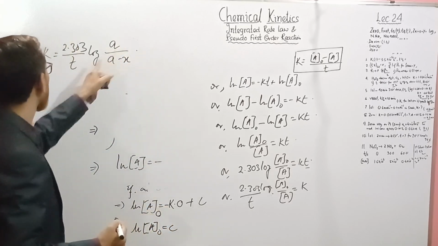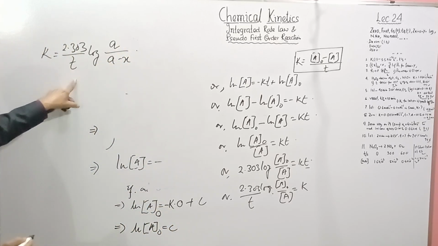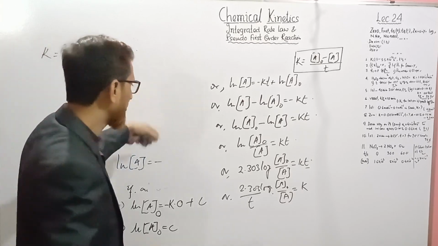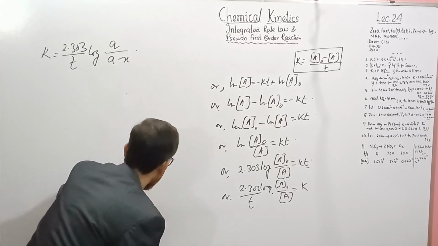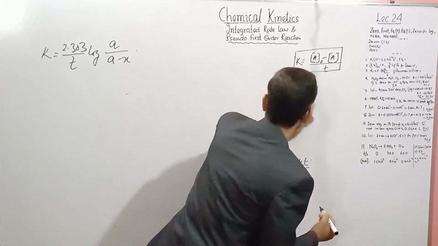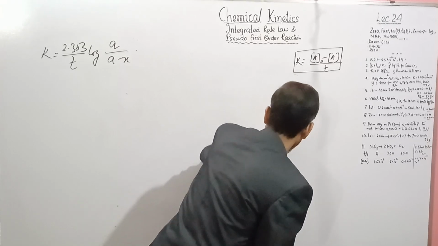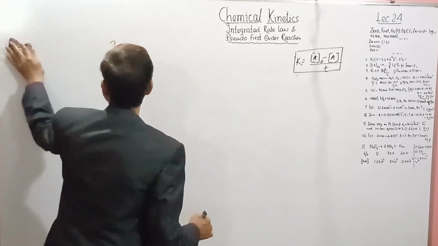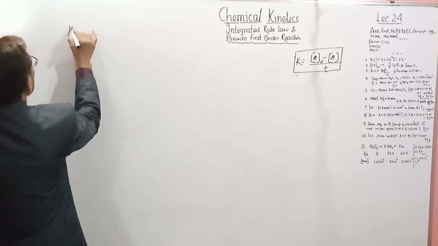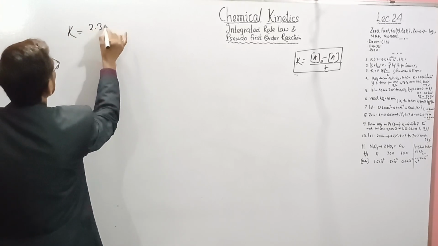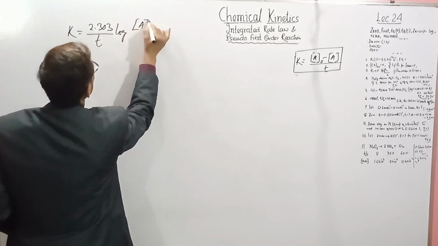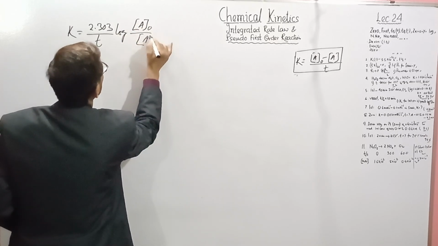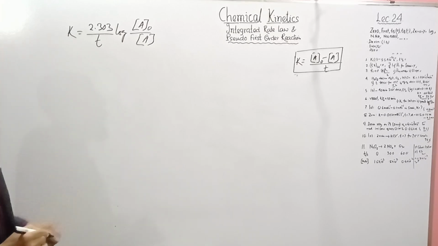This form is also used in doing problems, that's why I have shown you. So now we have written k is equal to 2.303 by t log a by a minus x. This is the rate constant for a first order reaction.